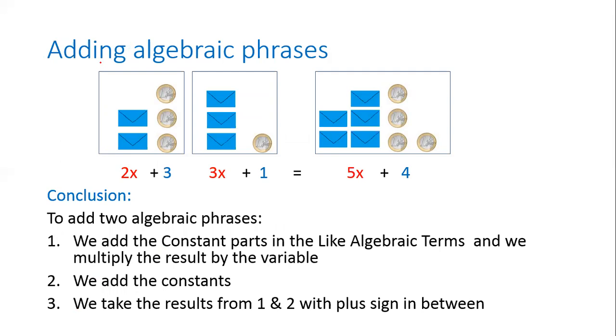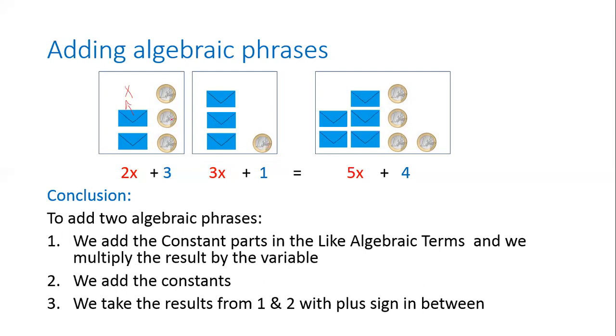Now we will learn how to add algebraic phrases. Let's assume, as we saw in the previous example, that we have two blue envelopes here. Each contains an amount of money equal to x. And we have 3 coins. In the other square here, we have 3 envelopes, each contains x euros, and 1 coin.